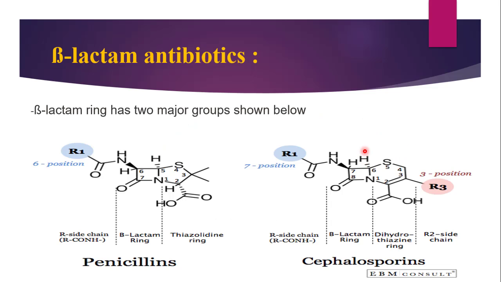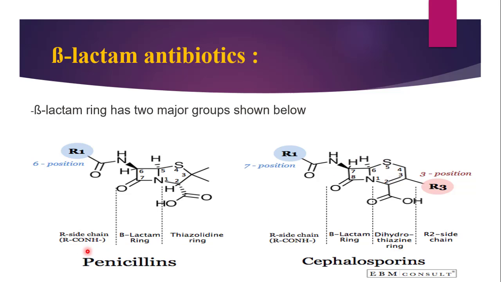Beta-lactam antibiotics basically have two major groups. The first group is penicillin, the second group is cephalosporin. In penicillin, this is the beta-lactam ring, as well as in cephalosporin, this is the beta-lactam ring which we have seen just now.